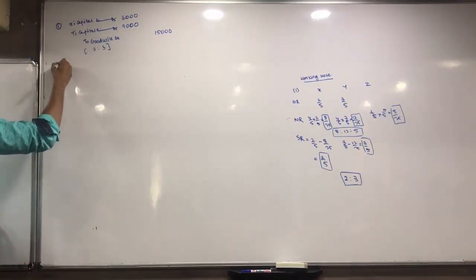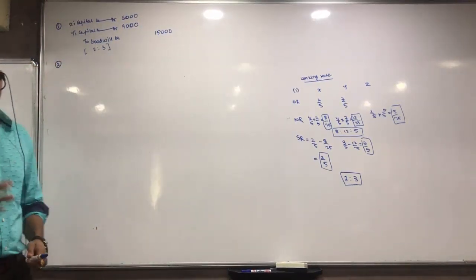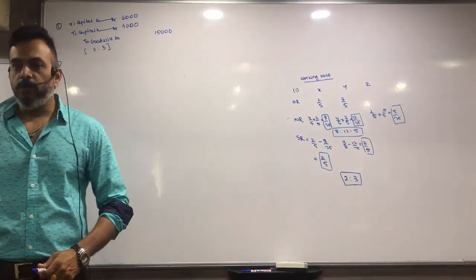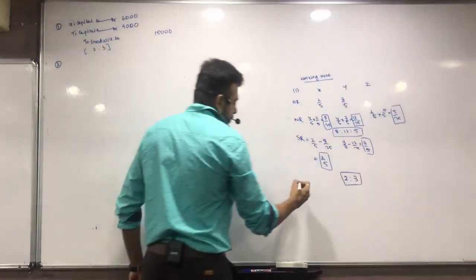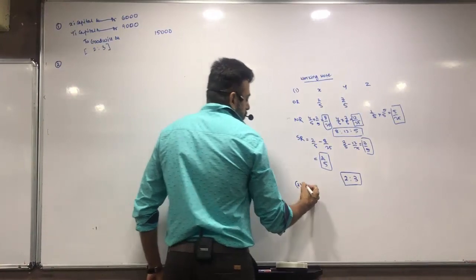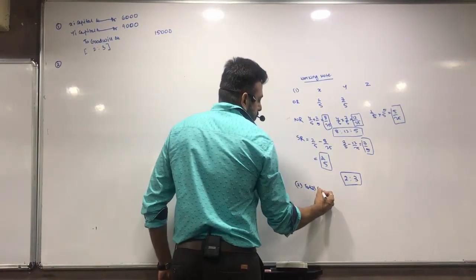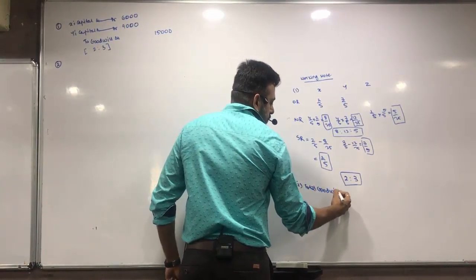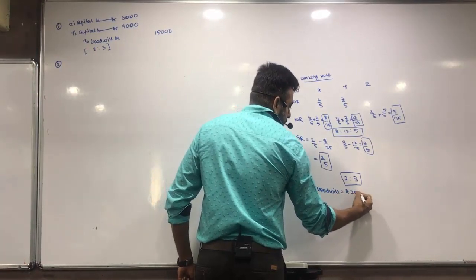Second, the partner brings cash for his share in capital and goodwill. So we'll have to calculate that. How much for goodwill? Total goodwill is equal to rupees 20,000.